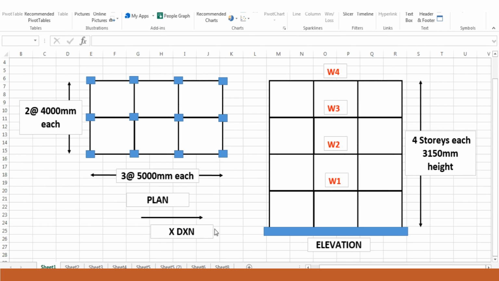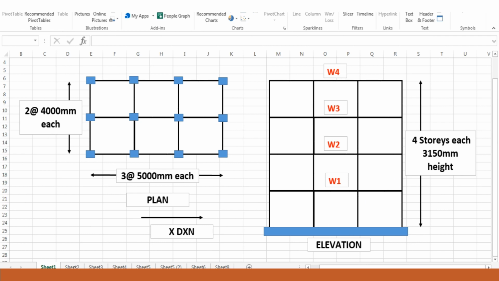Now this is the x direction and this is the y direction. Now the elevation is given to us. There are 4 stories, and at each story W1, W2, W3 and W4 are the seismic weights. The 4 stories each have a height of 3150 mm. So the 4 stories have a height of 4 into 3150.